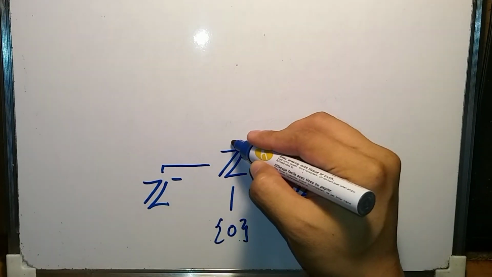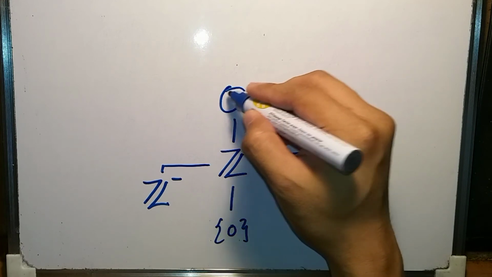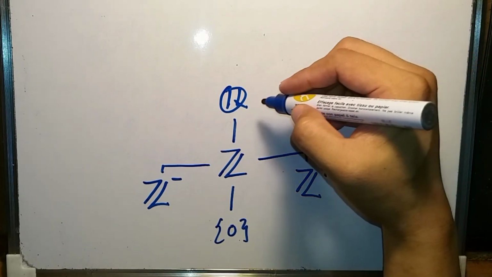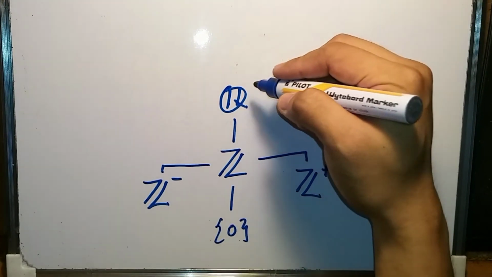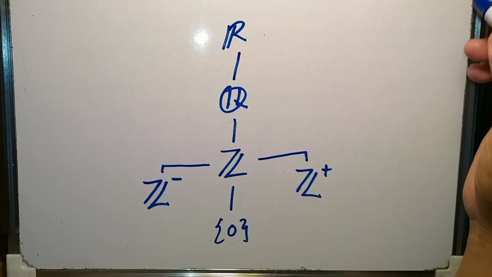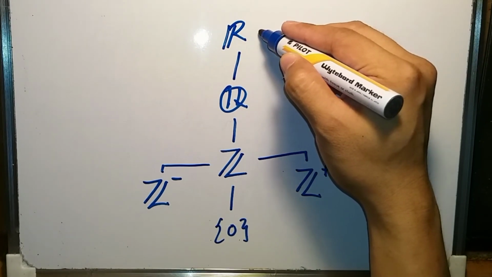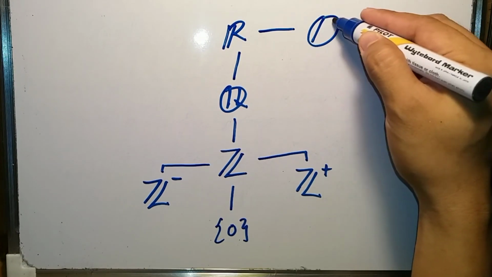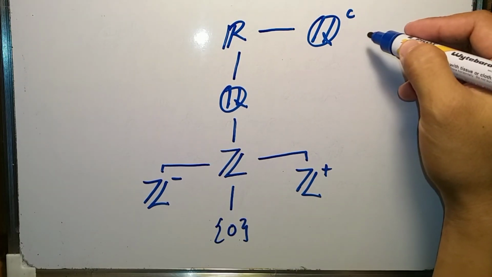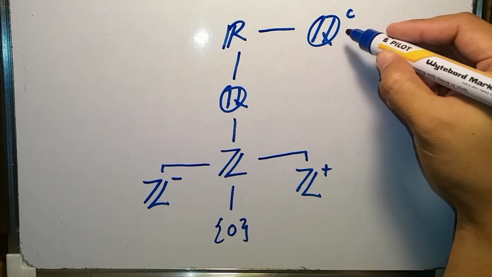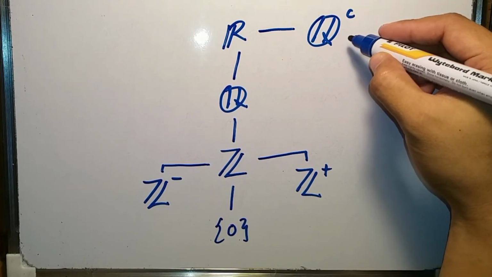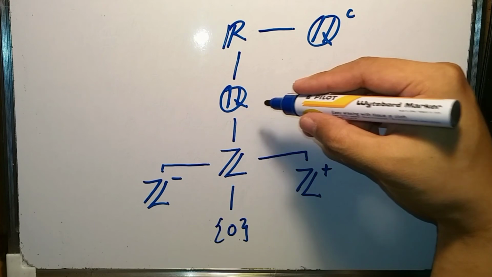And then after the integers, we have Q. And then after Q, we have R. Now in R, we include Q complement, meaning this is the set of irrational numbers, so those numbers that are not rational.